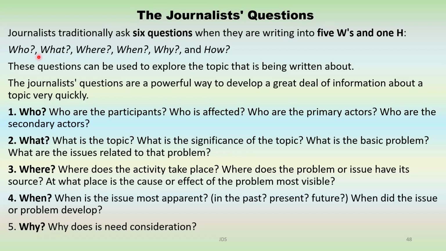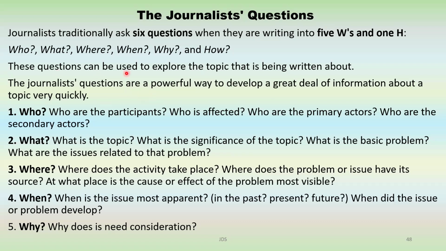So by eliciting answers to these questions, sometimes you may not be able to elicit answers for all of these. It can be just what and why, or maybe what, where, and why. But make sure to teach the learners to ask all these 5 WH questions before they start writing on the topic.